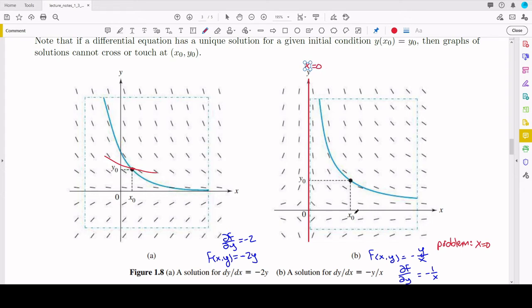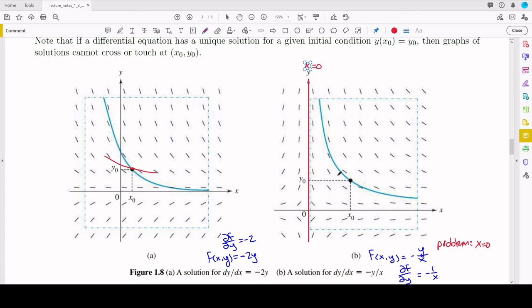So if we have our point x naught, y naught, we have a unique solution as long as we can draw a rectangle that avoids x equals 0. So as long as you don't start at x equals 0, you have a unique solution there. That's your rectangle R that avoids x equals 0.